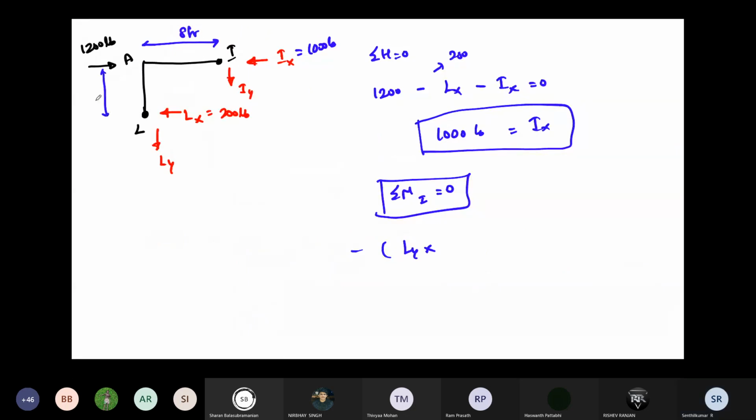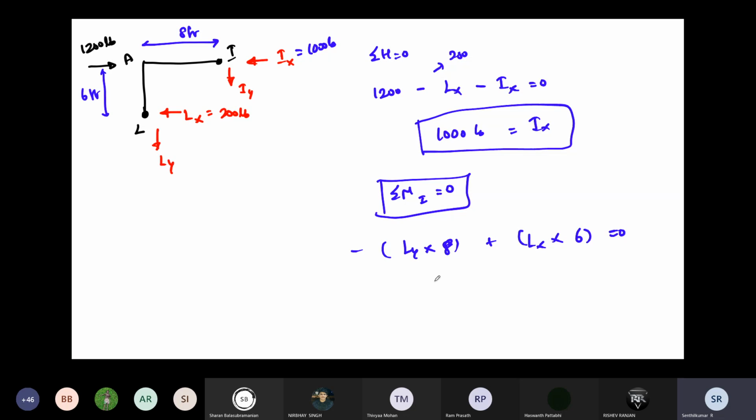This is 6 feet. So Ly into 8, that is over. Then again, this one, Lx, this is clockwise, Lx into 6, which is equal to 0. I'm taking moment about I.